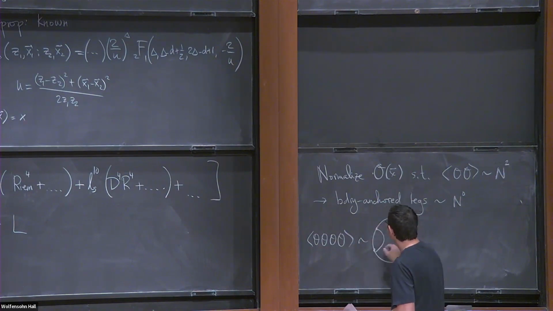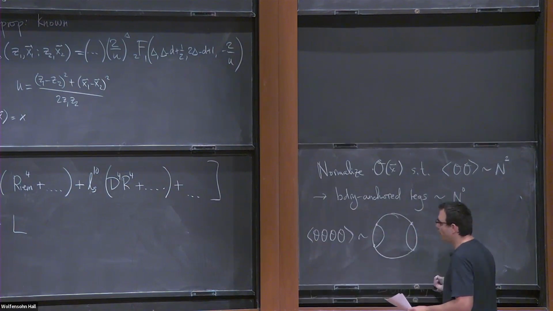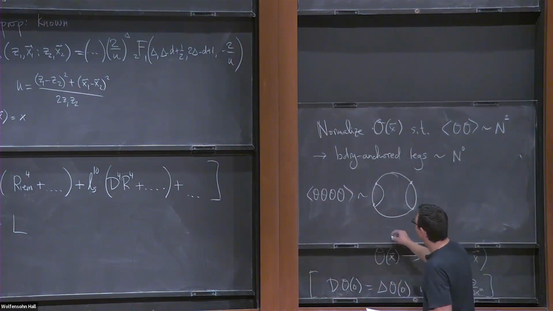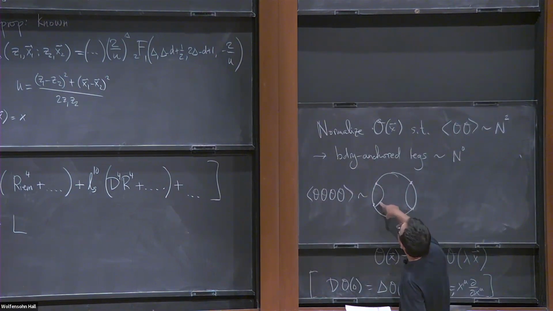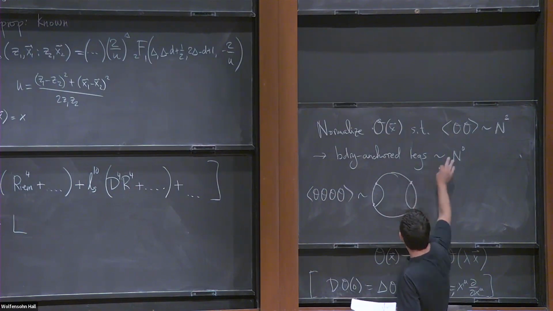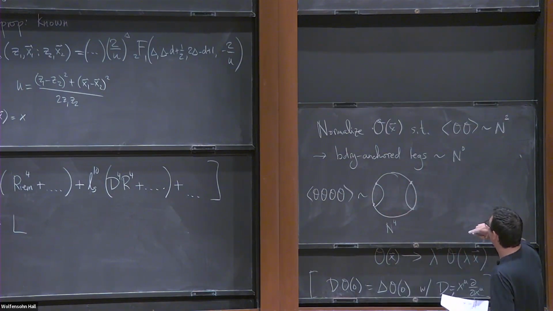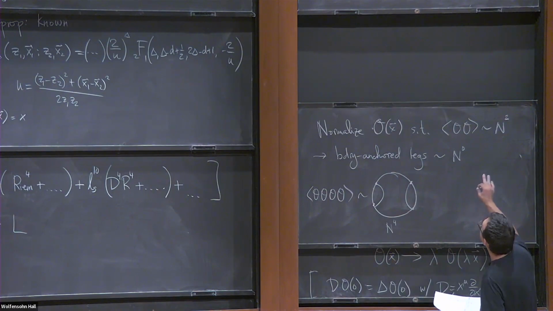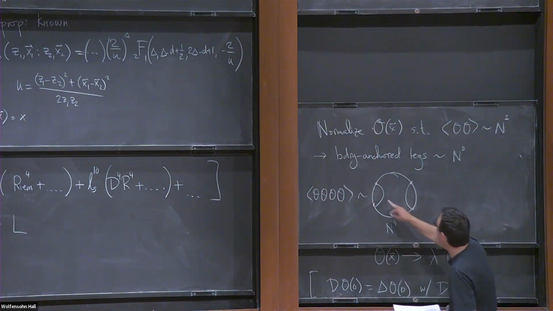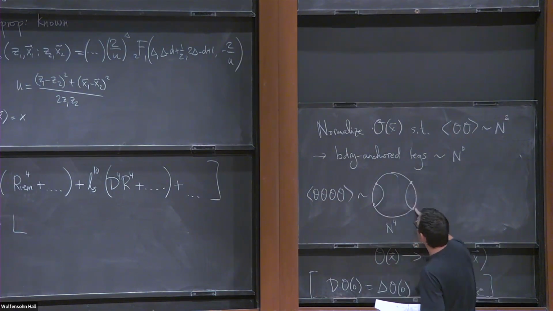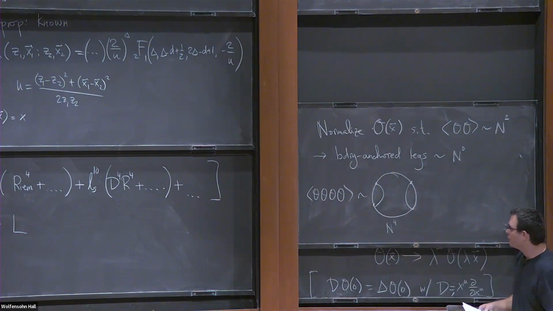So leading order would be something like this, 2 propagators like that. This would be like the 2-point function squared, so like n to the 4th. We can use the counting: it's 1 over n squared for each propagator, but then I have 4 n squares for the vertices, and I get n to the 4th.